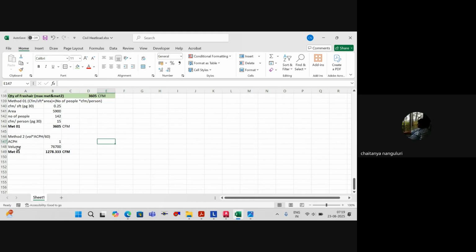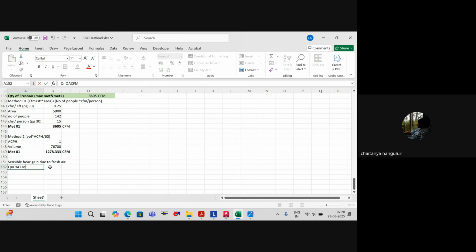Now we have to calculate sensible heat gain due to pressure. For that, the value is Q is equal to OA CFM. That is nothing but our CFM that you have.